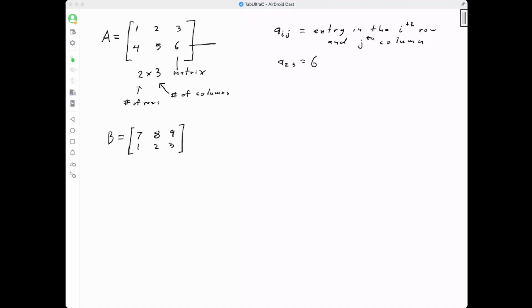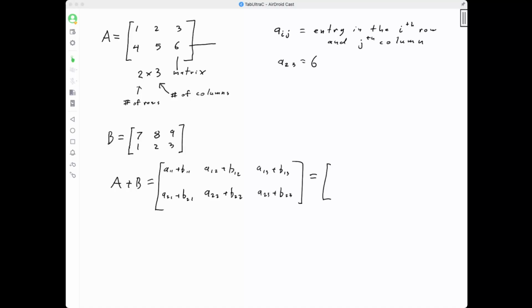So we would define A plus B as the matrix whose entries are A11 plus B11, A12 plus B12, A13 plus B13, A21 plus B21, A22 plus B22, and A23 plus B23. That's a long way to write out. You just add up the individual entries separately.